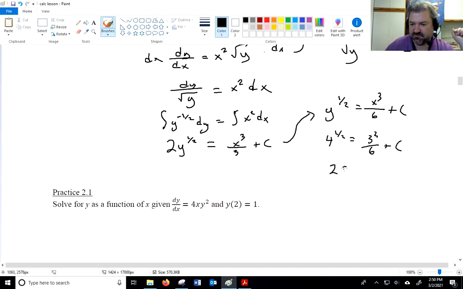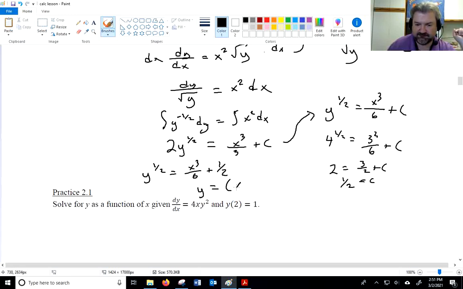Square root of 4 is 2. And that's 27 over 6, so that's 9/2 plus c. So 2 minus 9/2 is negative 5/2. So we have y to the 1/2 is equal to x cubed over 6 plus c. To get y as a function of x, I'll simply square both sides.